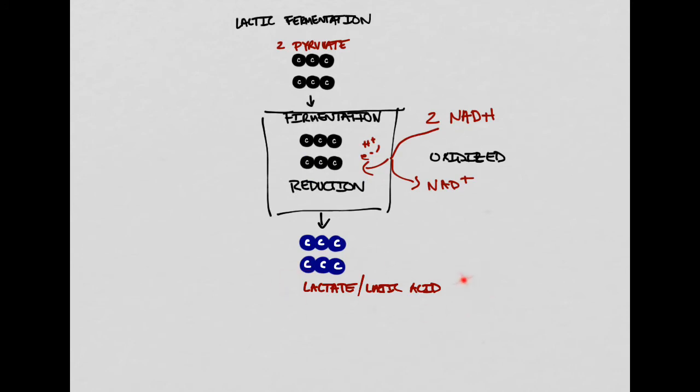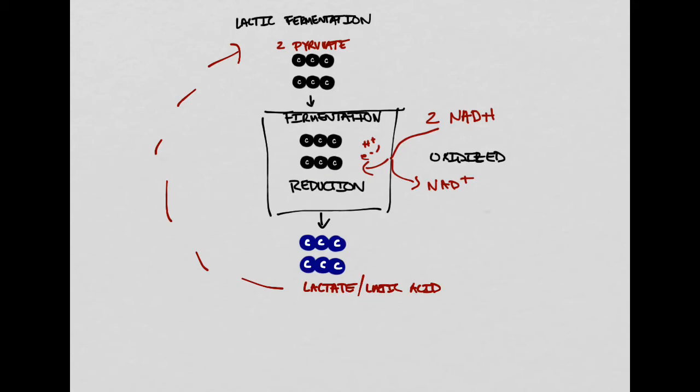A key element also to this is that this process of making the lactic acid is reversible, and we can actually regenerate pyruvate from lactic acid, and this would happen in the liver.